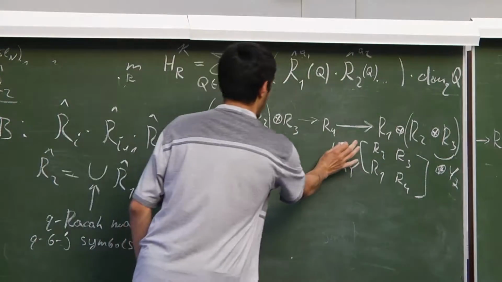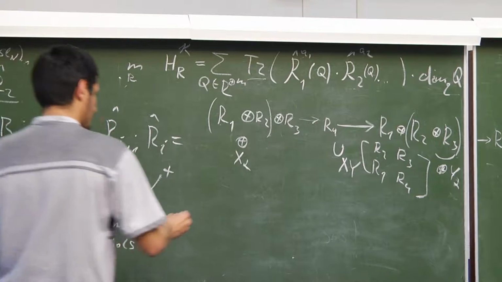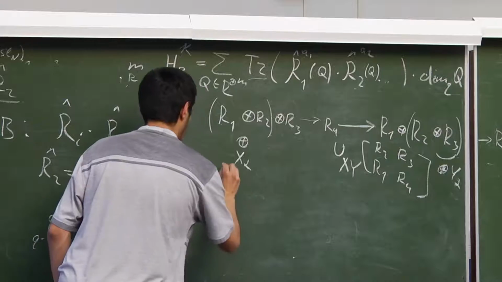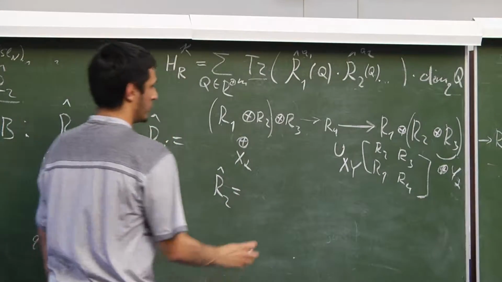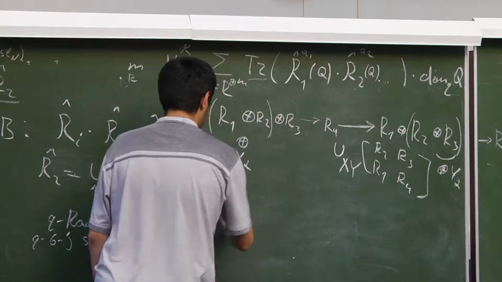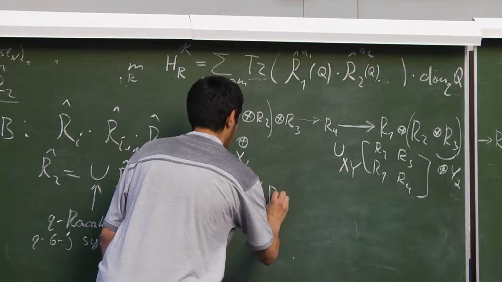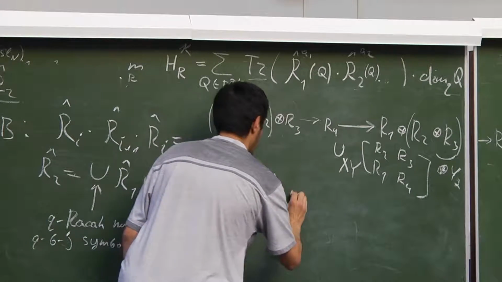So this is my Racah matrix. If I manage to compute the Racah matrix, then I manage to compute the second R matrix, R2.